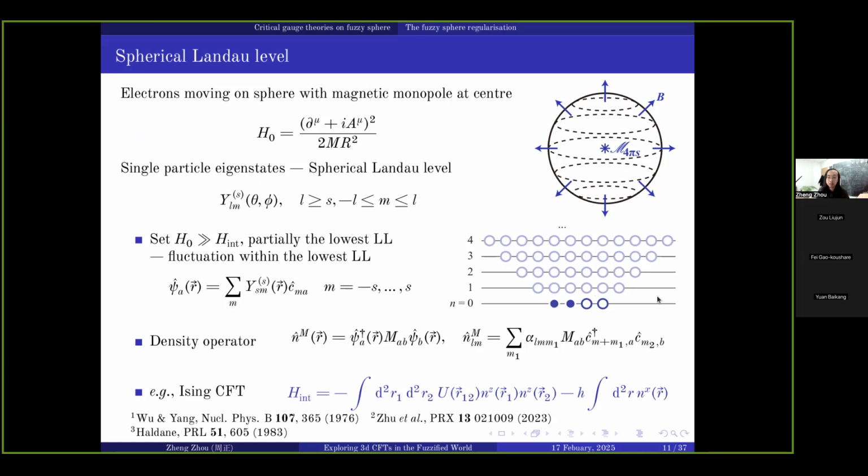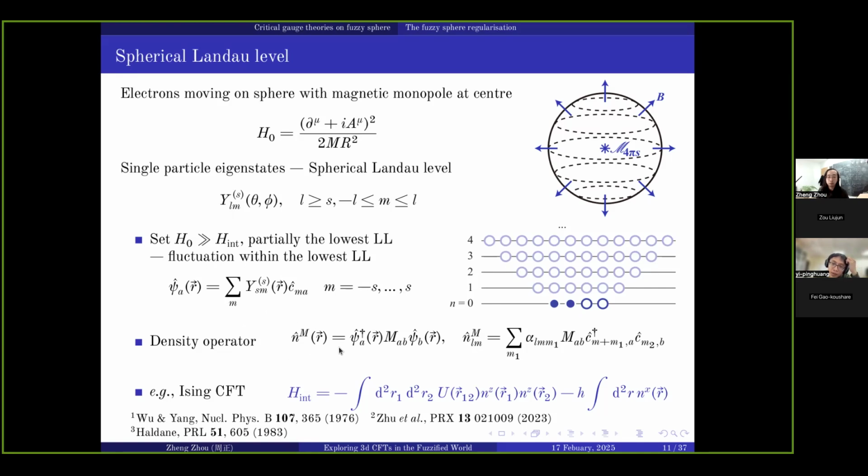For example, the lowest Landau level has a degeneracy of 2s plus 1, and then 2s plus 3, etc. So if we set the single particle gap to be much larger than the interacting Hamiltonian, and if we partially fill the lowest Landau level, we can constrain the fluctuation within the lowest Landau level, or project the system onto the lowest Landau level.